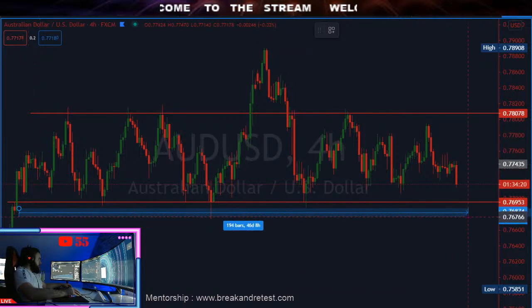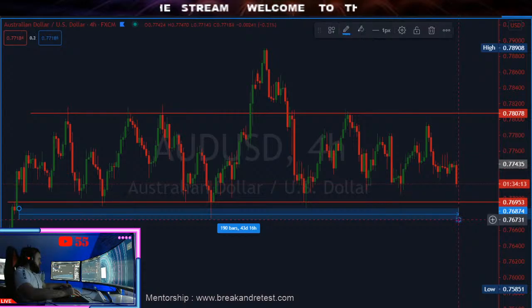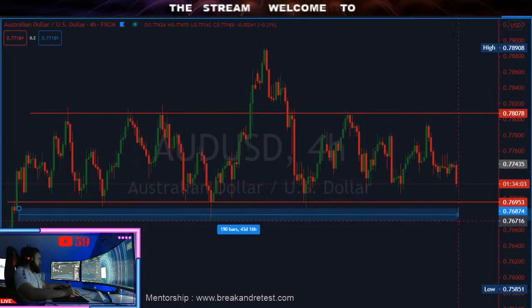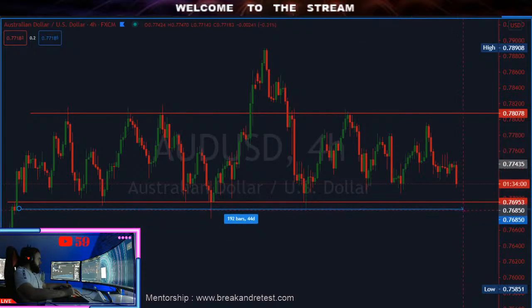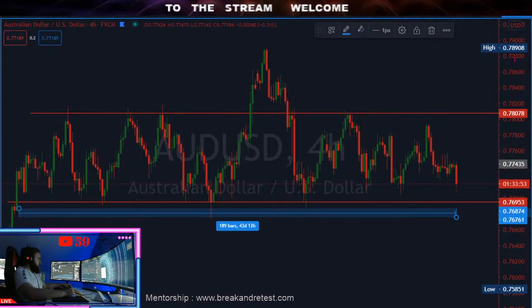Let's see date range. 43 days, more than a month of consolidation. 45 days until Monday, and yeah, this is really crazy. Lots of consolidation. These setups gonna be good even for swinging.